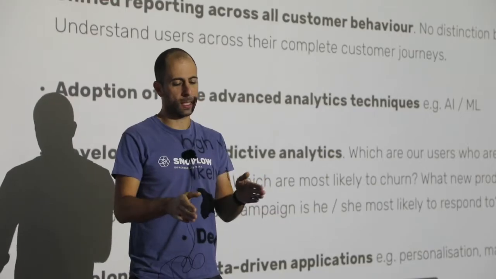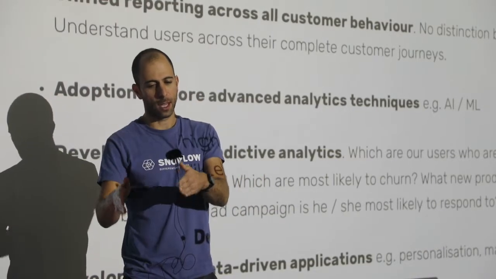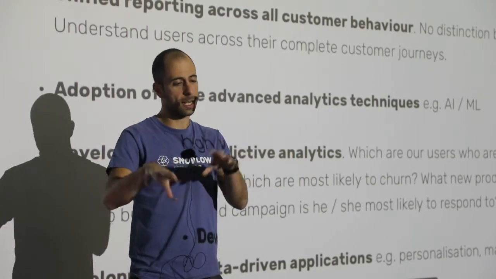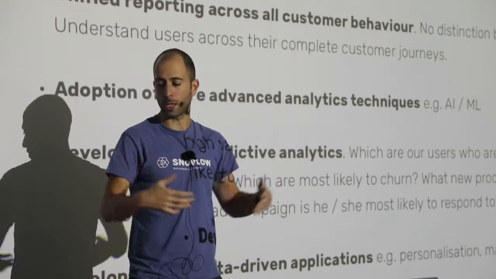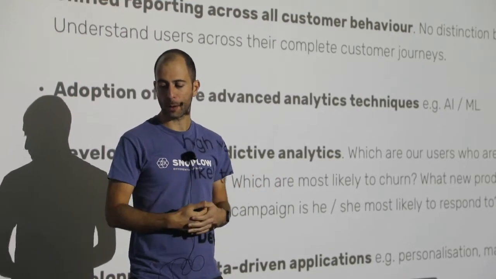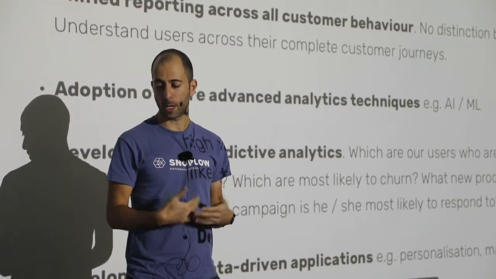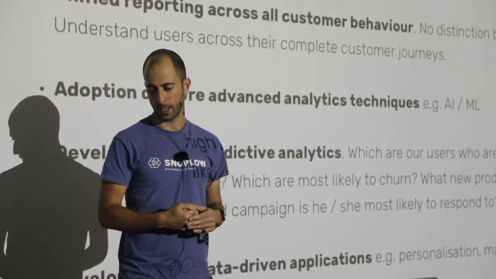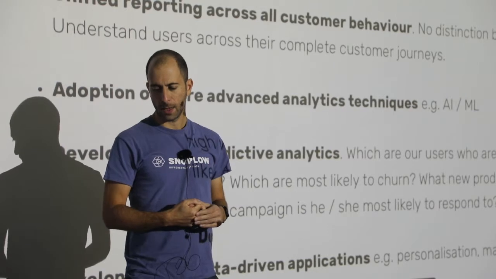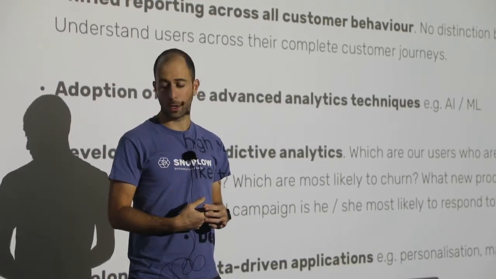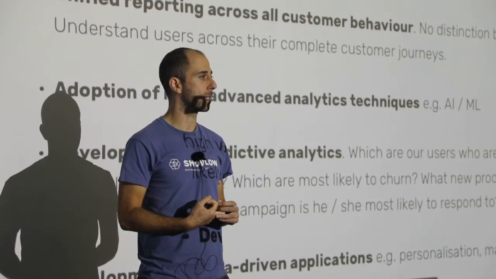They're not particularly interested in whether they're engaged on the mobile app or on the website. I mean, they do want to understand that, but they want to generally score their users based on how engaged they are and what that means for how they treat them when it comes to subscription renewal time.